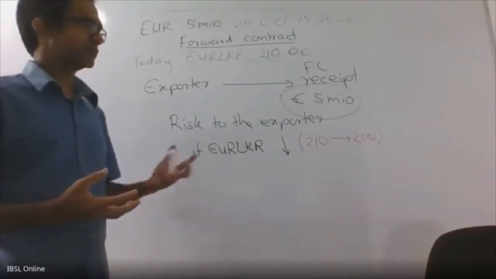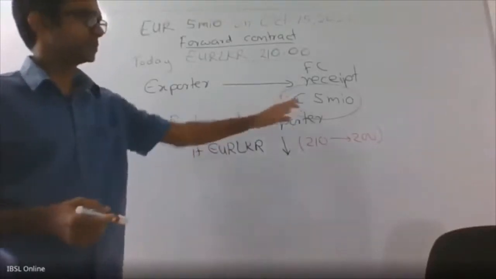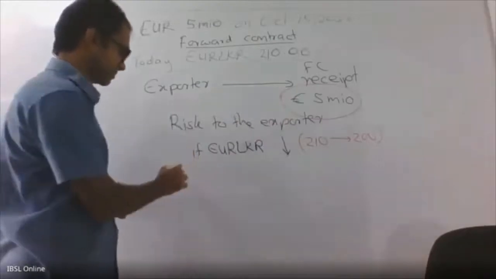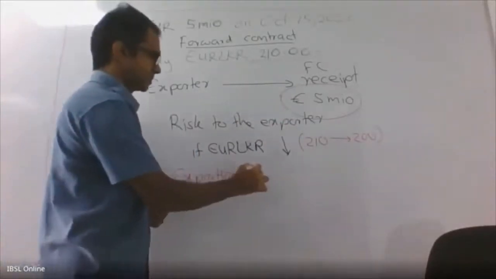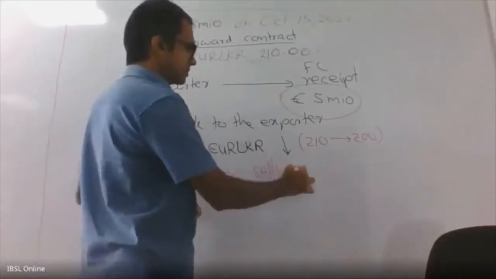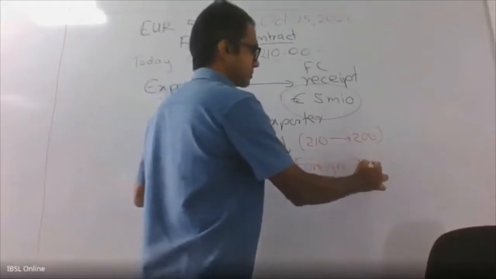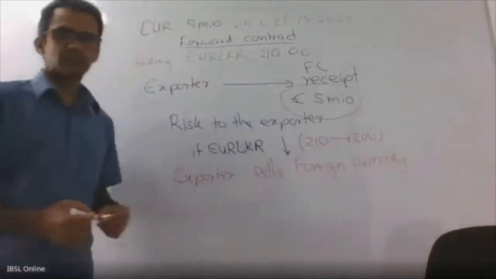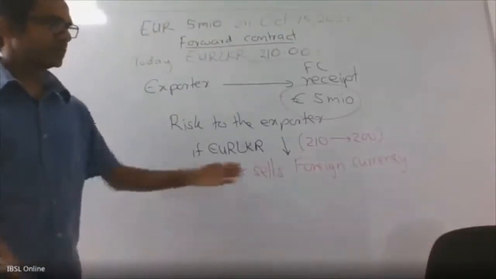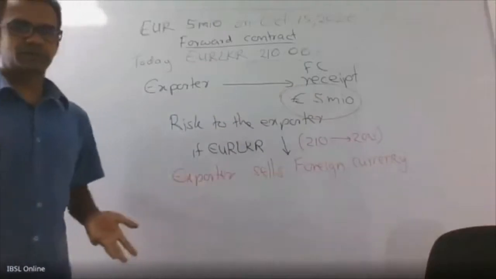So what should be the transaction he should do on 15th October? Exporter sells foreign currency, that is euro, to get rupees.